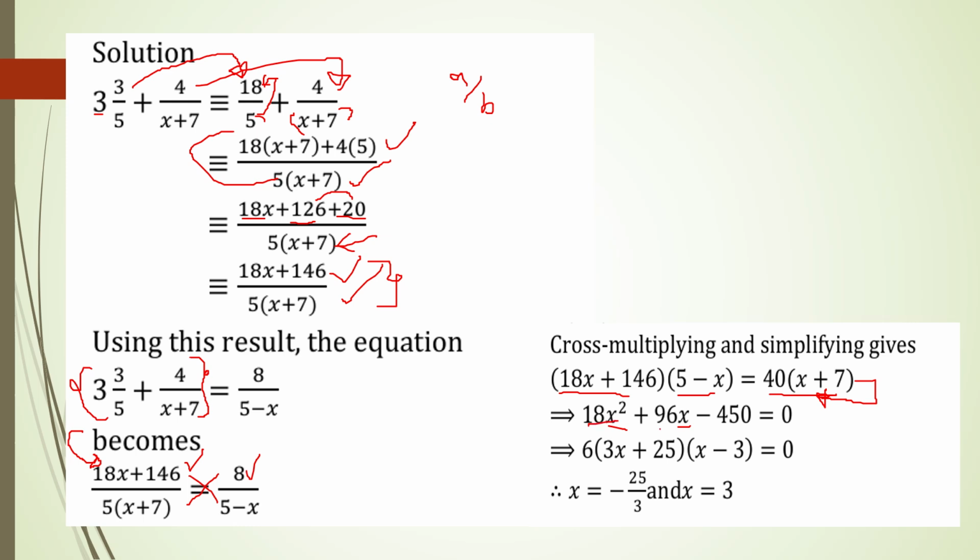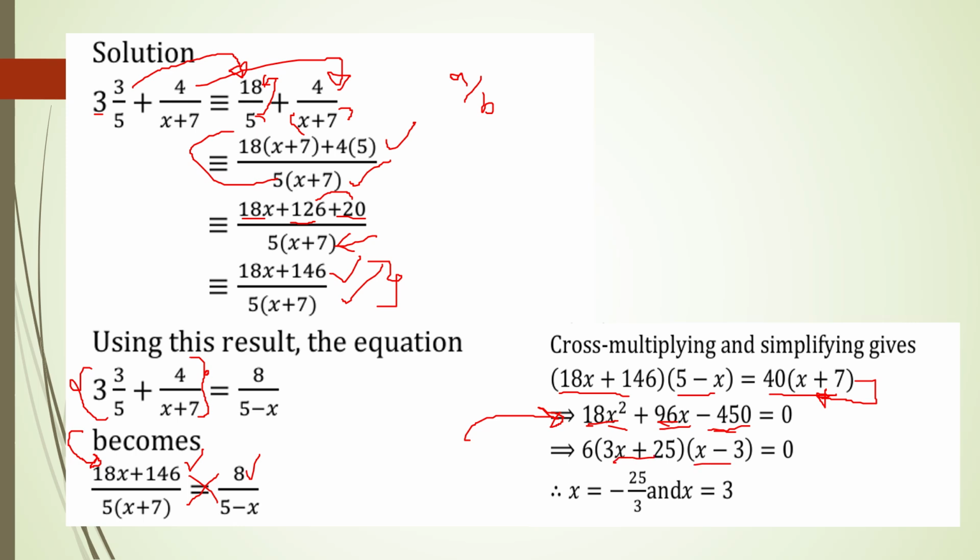And then you must end up with this quadratic equation: 18x squared plus 96x minus 450 is equal to 0. Now you have already looked at three methods of solving quadratic equations. In this case I used the factorization method. But before using it, I first factorized out 6 because it was common to all figures. Then the remaining equation gave me these values.